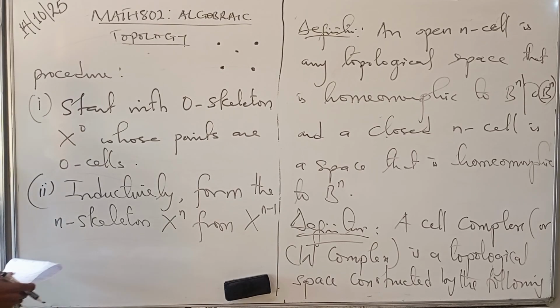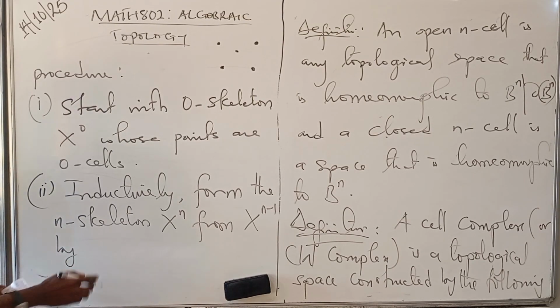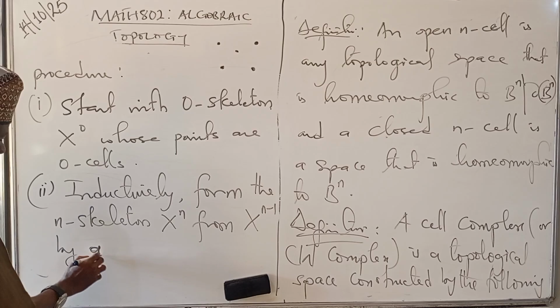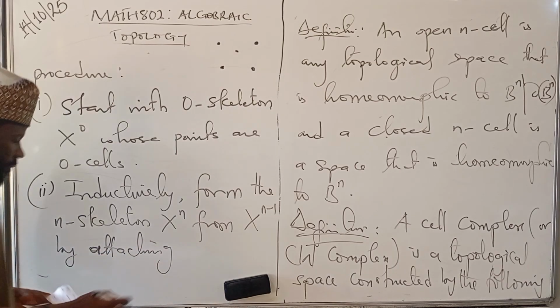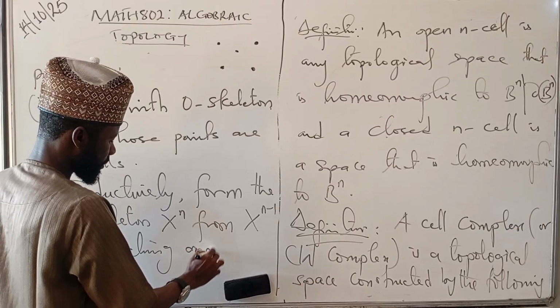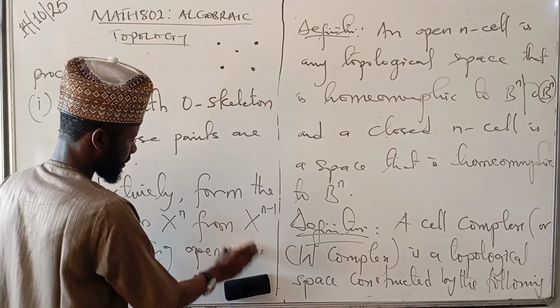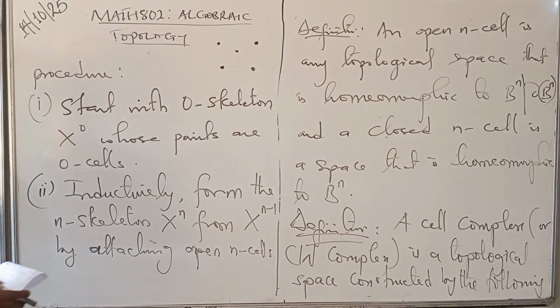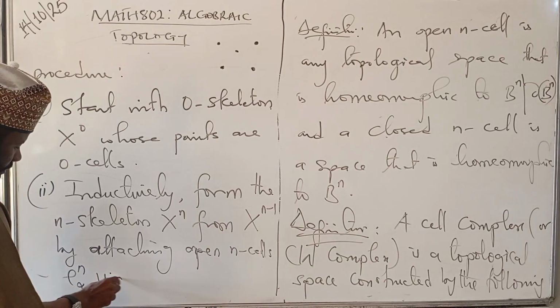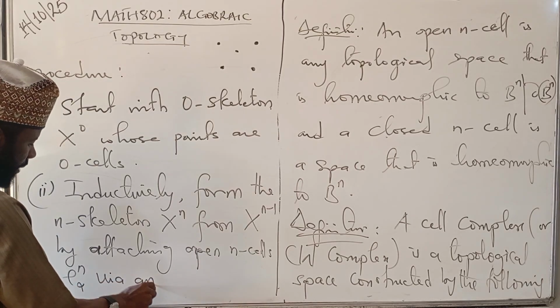So you form an n skeleton by attaching open n cells, e n alpha, via an attaching map.